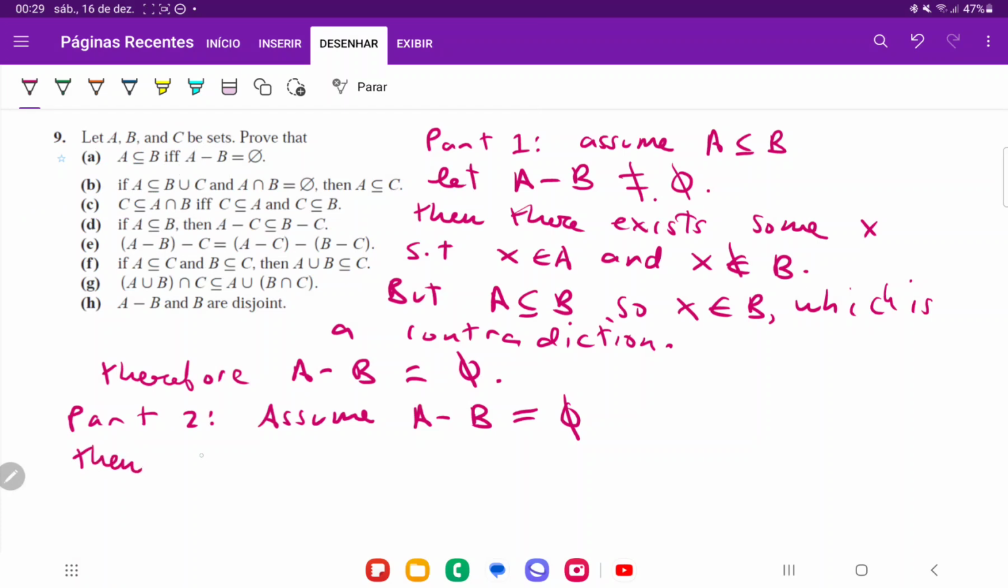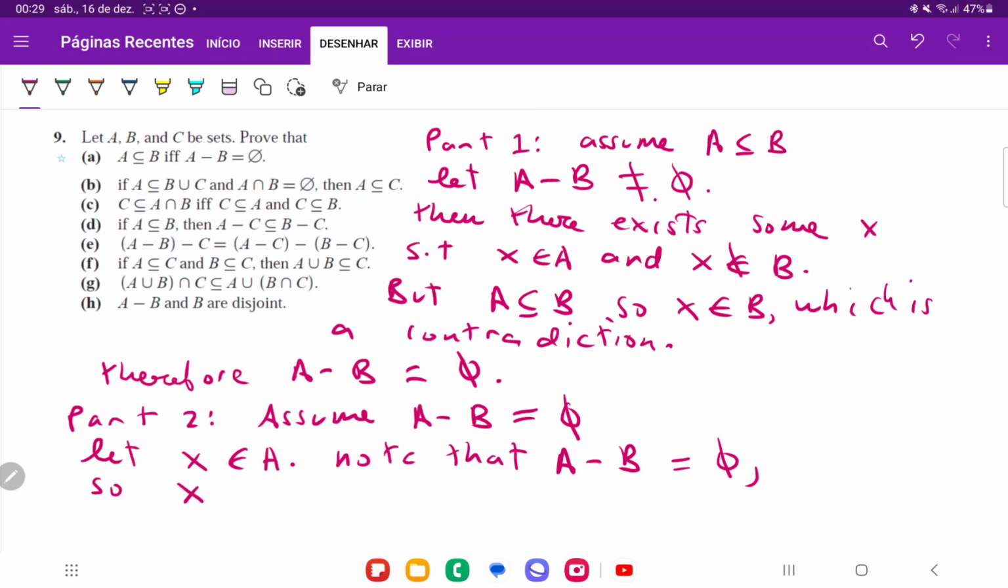Then, I'm going to begin a different way. I'm going to say, let X belong to A. Note that A minus B is empty, so X has to belong to B, right?